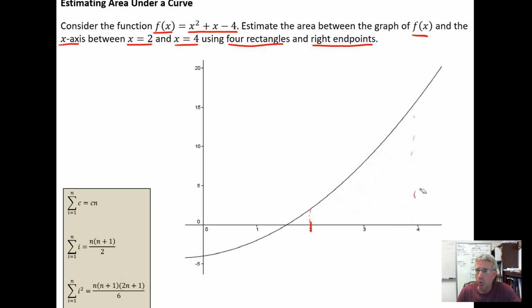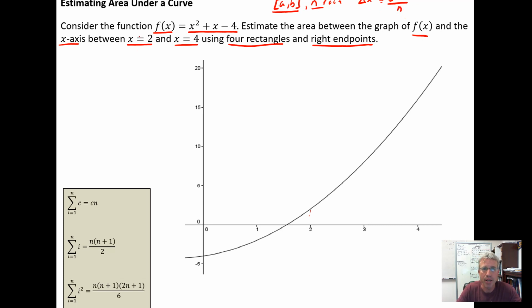So the first thing to remember is that if we're working over a closed interval from A to B, and we know we have n rectangles, then we can calculate the width of each rectangle, which we call delta x, by taking the length of this interval, which is b minus a, and then dividing it into n pieces.